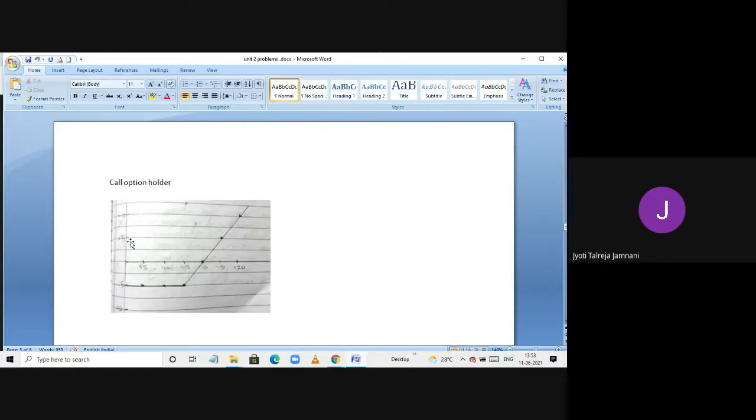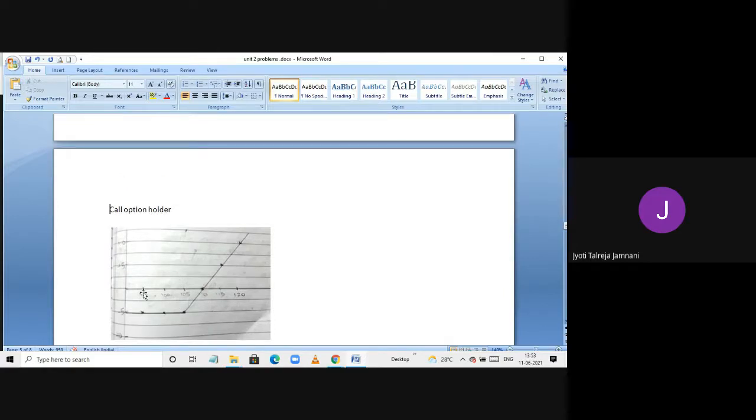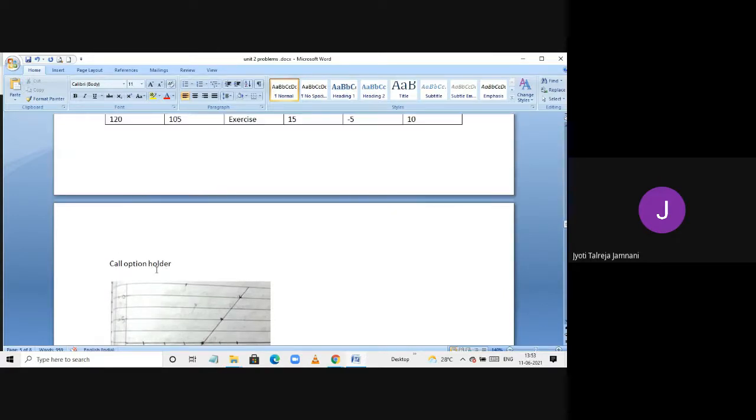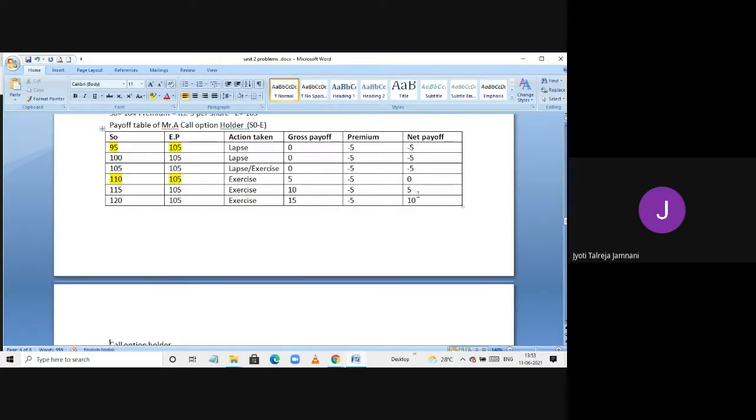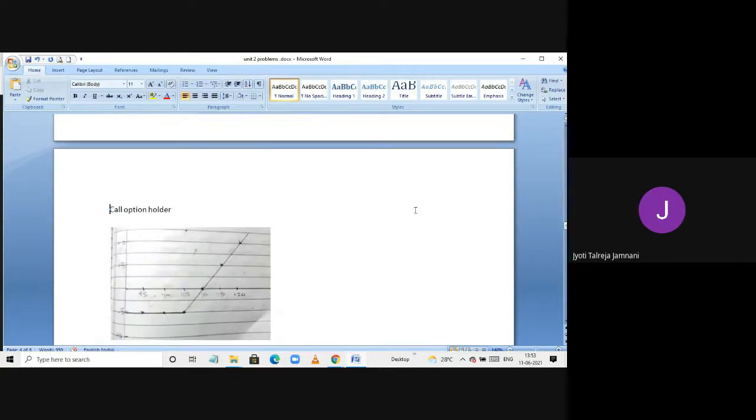So I have taken 5, 10, 15 and minus 5, minus 10. How do you take the loss, at what interval? You can look at the net payoff and see the maximum gain and maximum loss. Maximum loss is 5 rupees, maximum gain is 10 rupees. So we can take it at an interval of minus 5, minus 10. So it will get covered.